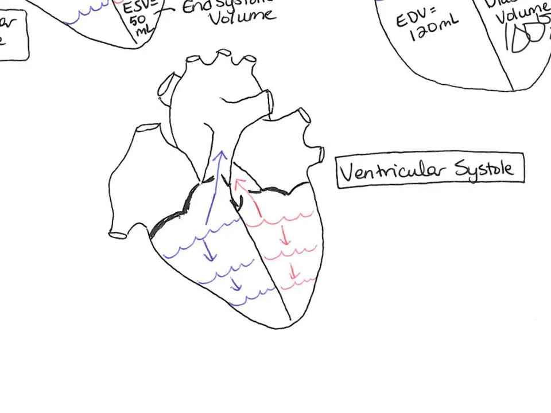So the ventricles contract, and as the ventricles contract, blood is moving out into the pulmonary trunk and the aorta, and that volume of blood starts to go down, right? We start to lose blood in that ventricle as those ventricles are contracting and pushing the blood out.